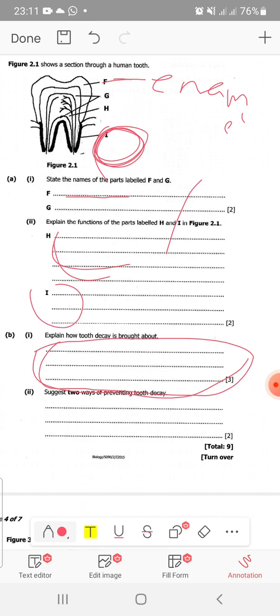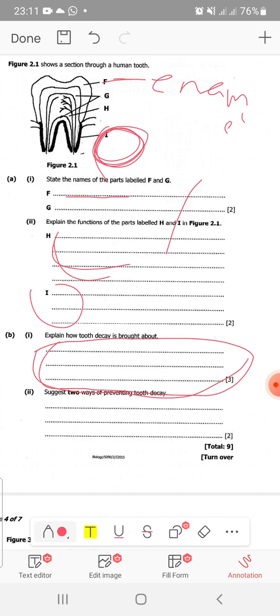That's the enamel. Okay. So tooth decay is brought about by eating sugar-containing food materials, and excess sugar-containing food materials. The sugar is a breeding site for bacteria, where the bacteria use the same sugars to produce an acid which wears away the enamel.